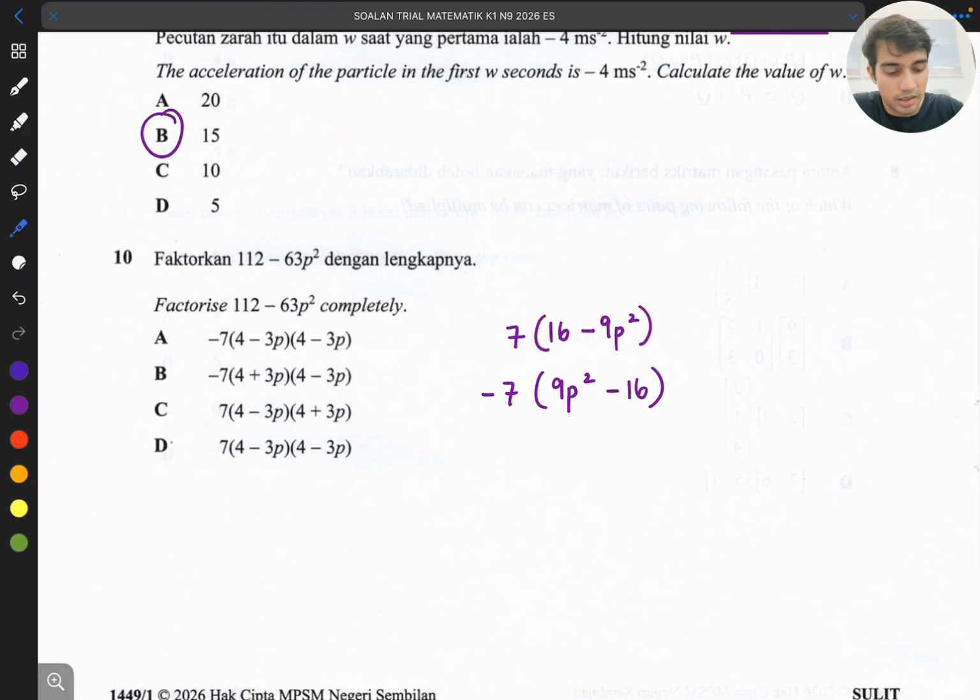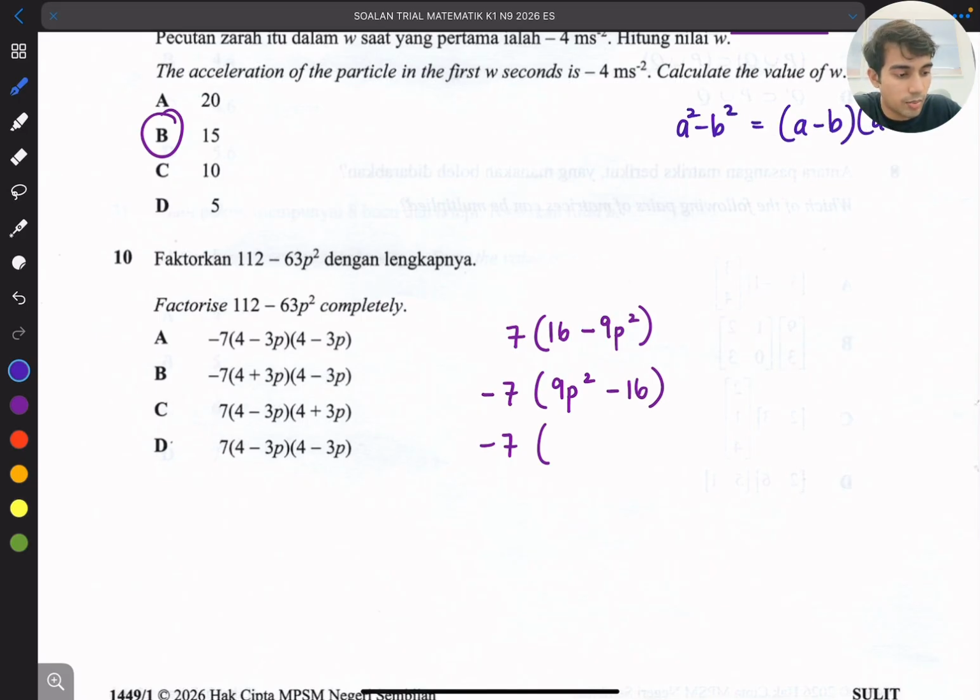Right. This is a special factorization where you have squares of everything. So 9 is a square, 16 is also a square. So this one you want to factorize. Okay, you use the formula a square minus b square is basically a minus b, a plus b.